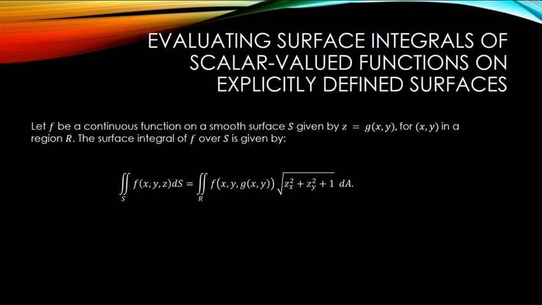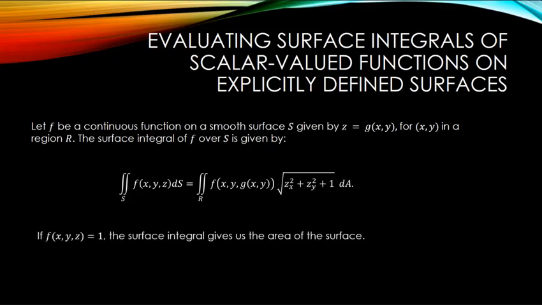We're going to let f be a continuous function on a smooth surface S given by z is equal to g of x, y for x, y in a region R. The surface integral of f over S is given by the double integral over the surface of f of x, y, z dS, which is equal to the double integral over the region of f of x, y, and g of x, y times the magnitude of t sub u crossed with t sub v, which is the square root of z sub x squared plus z sub y squared plus 1, dA.